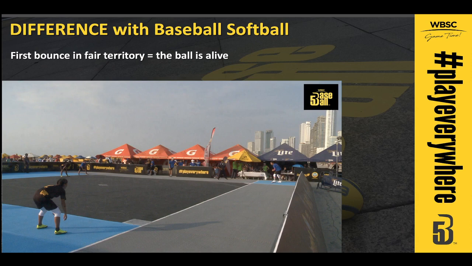And we'll follow that last point up by noting a key difference between baseball 5 and baseball and softball. In baseball 5, it really is only the first bounce that matters. You'll see in this video how the ball leaves fair territory after the first bounce. But the first bounce is in fair territory. In baseball and softball, the ball has to remain inside the foul lines at least until it reaches first or third base.